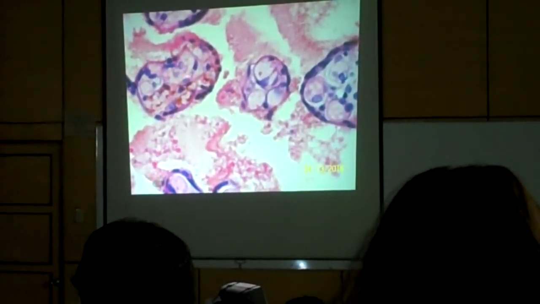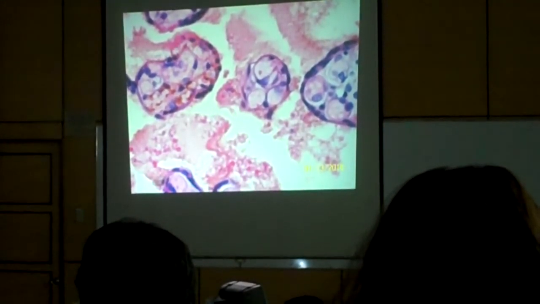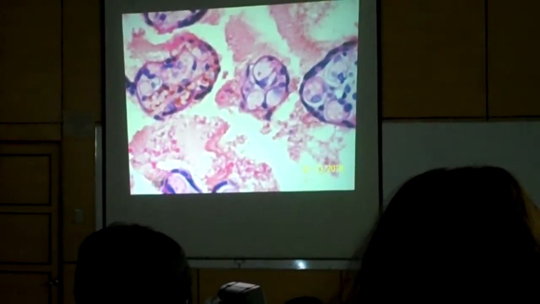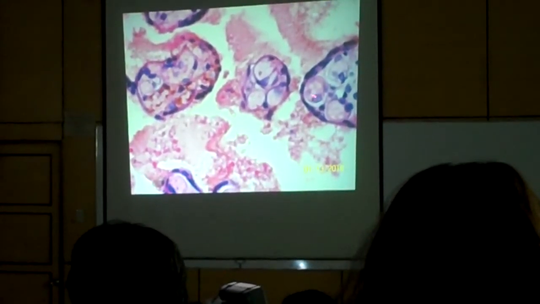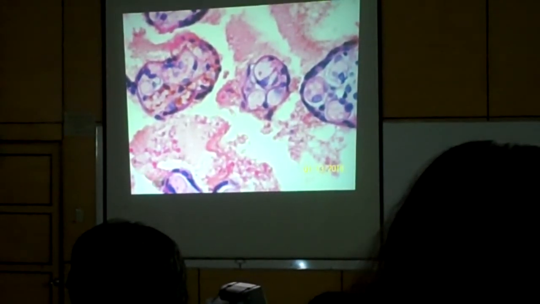So, the blood within the capillaries inside a villus, which person does it come from? Is it the maternal blood or the fetal blood? The ones inside. Fetal blood.